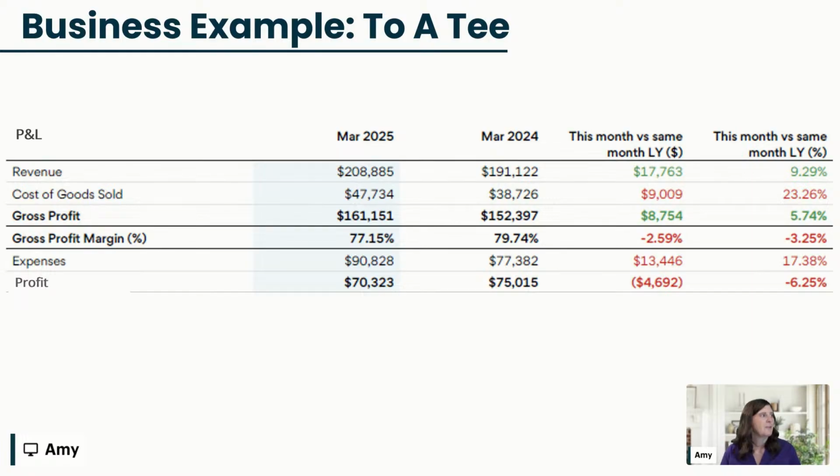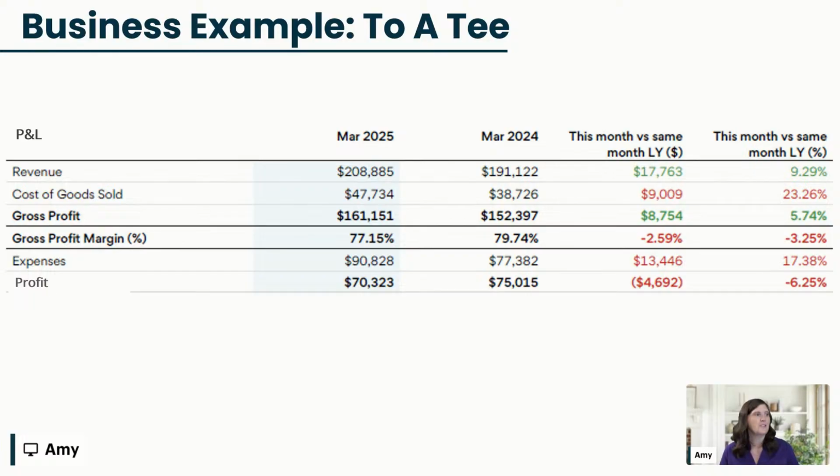Okay, after expenses, we got profit. So profit is simply the gross profit minus expenses. So for 2025, it's 161 minus the 90,000. That leaves us with $70,000 of profit. So that's how much money we get to keep after we make the product and sell the product.